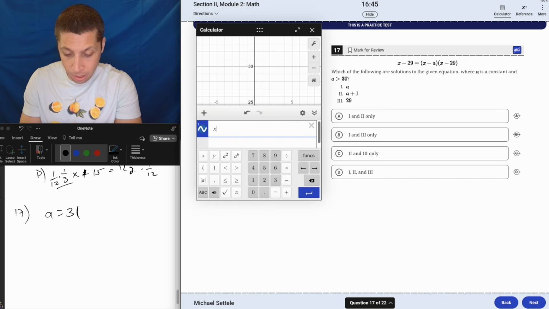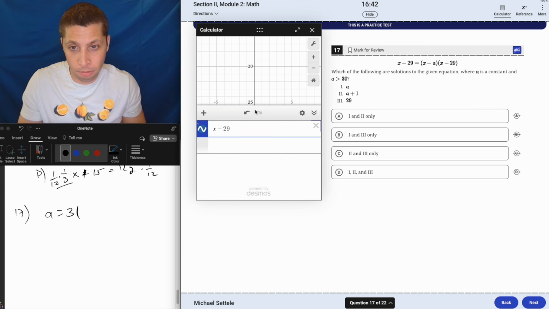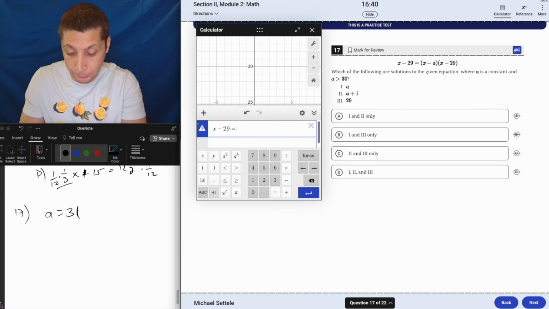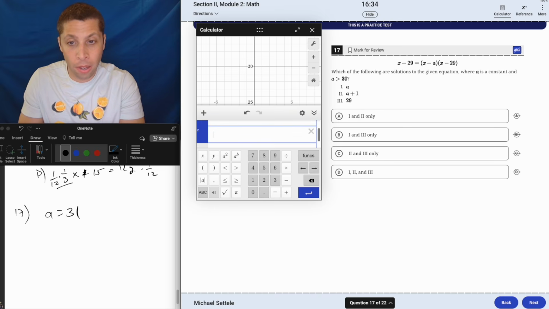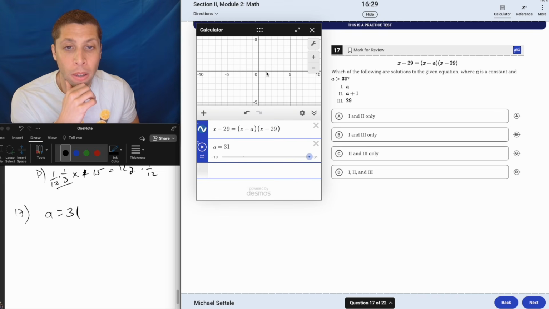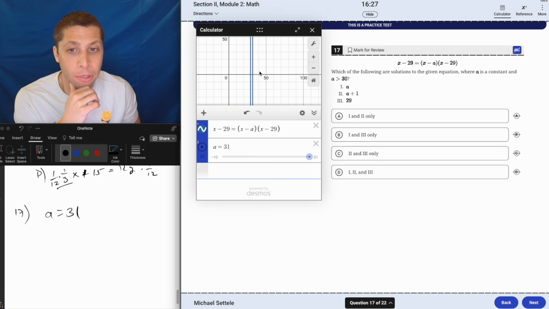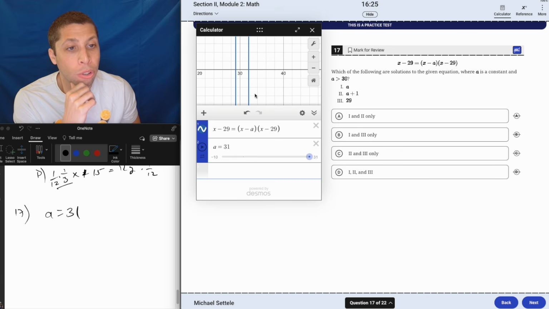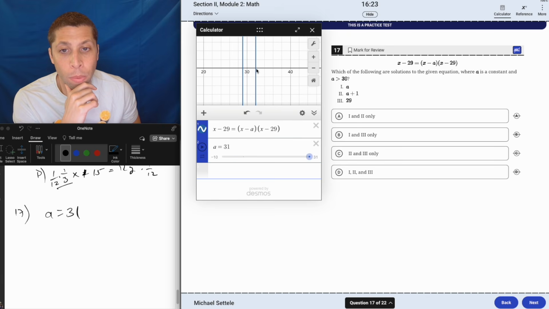Okay. X minus 29 equals X, and let's keep it as A so I can add a slider. X minus 29. A is equal to 31. Okay. So we get some lines here. So solutions, right? So we see them at 32 and 29, right?